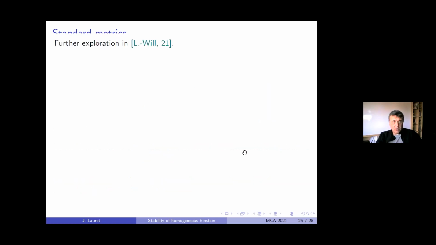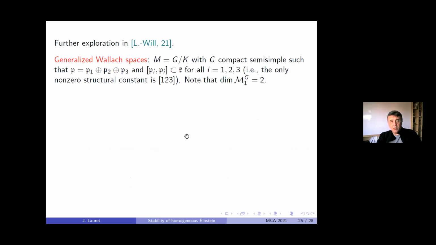Okay, so some more exploration we did with Cynthia is on this huge class of homogeneous spaces called generalized Wallach spaces. This is the definition.